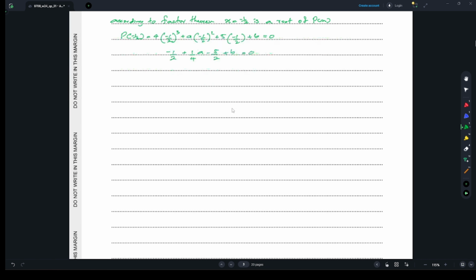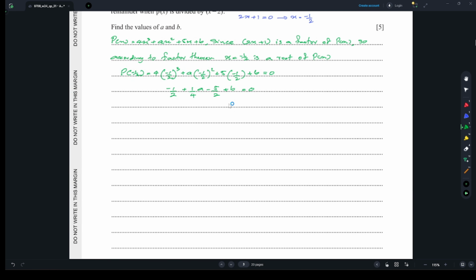For this case, I can multiply all by 4, because I don't like to keep denominators. Then you will receive minus 2 plus a minus 10 plus 4b equals 0.